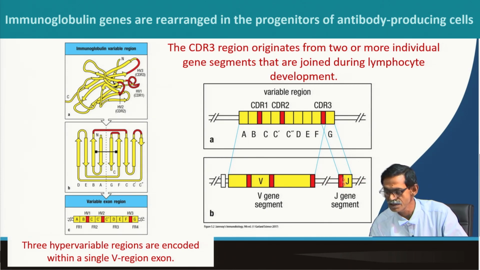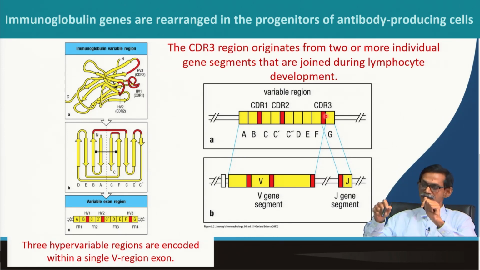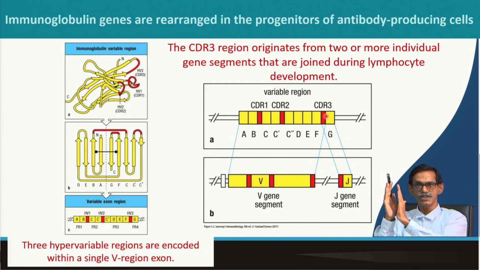This part during recombination is very important, and we will see it with time. While V and J join, they make CDR3, and the CDR3 originates from two or more individual gene segments. In case of light chain, it is two segments: some part contributed by V and some part contributed by J, together they make the CDR3.